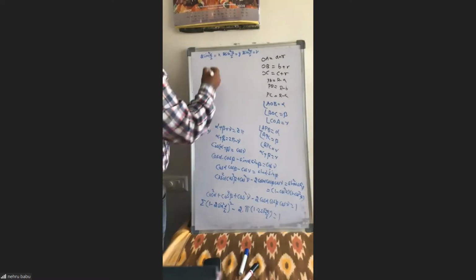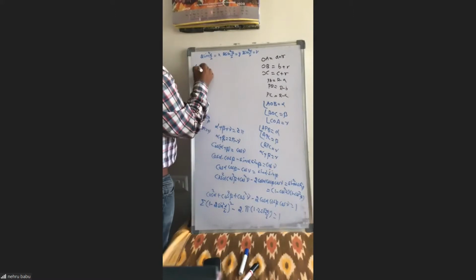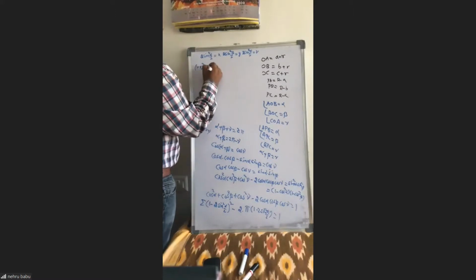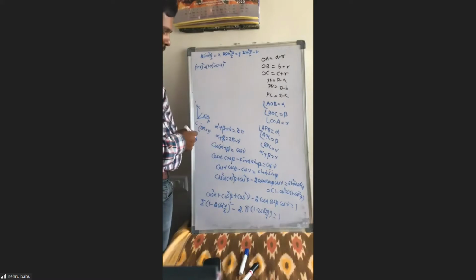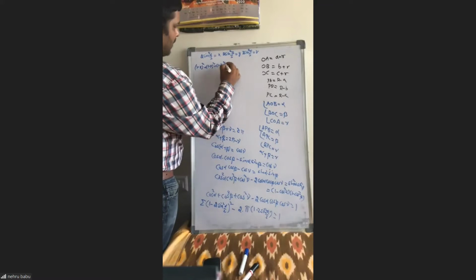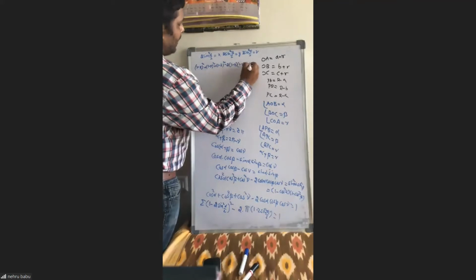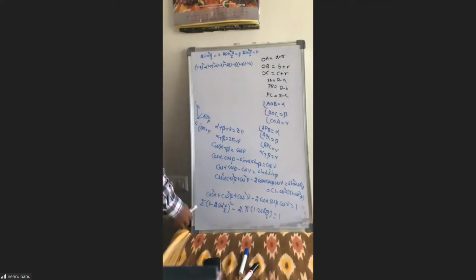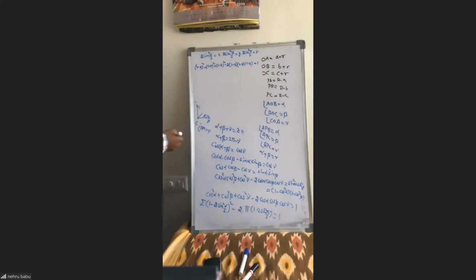Then if you do this calculation, what will you get here? This cos square alpha is coming like 1 minus x whole square plus 1 minus y whole square plus 1 minus z whole square, minus 2 times 1 minus x into 1 minus y into 1 minus z. That's 2 sin square alpha by 2 I am assuming as x instead of writing the big equation. So this is equal to 1.